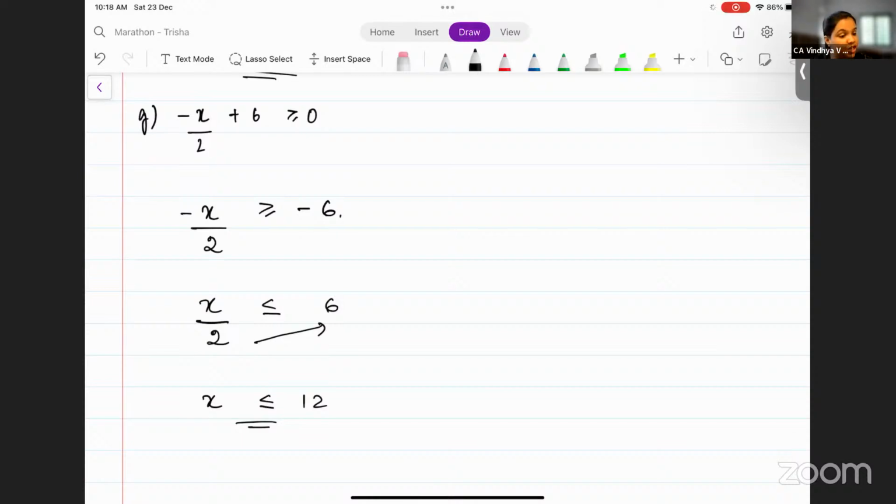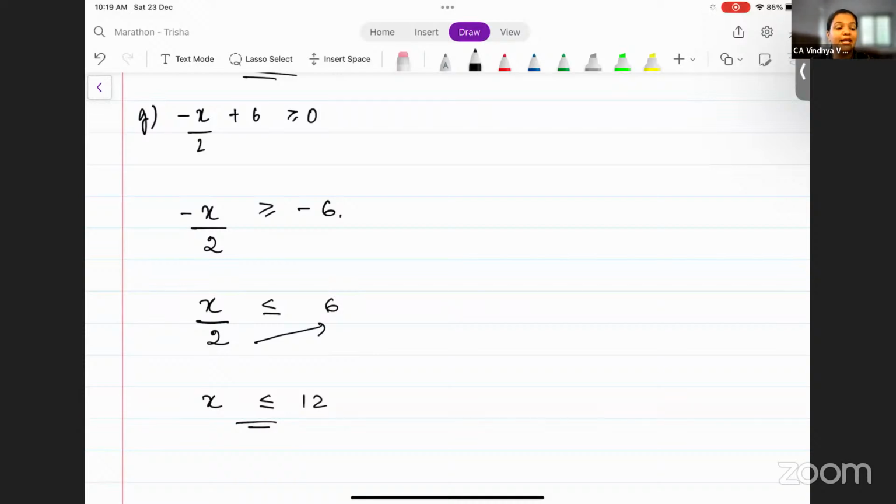If it is example G, then you have to understand here that when you shift 2, it is a positive number. So when you shift 2 and multiply it with 6, since it is a positive number, the inequality will not change. But if it is a negative number, if it is minus 2 there, only then the inequality would change.